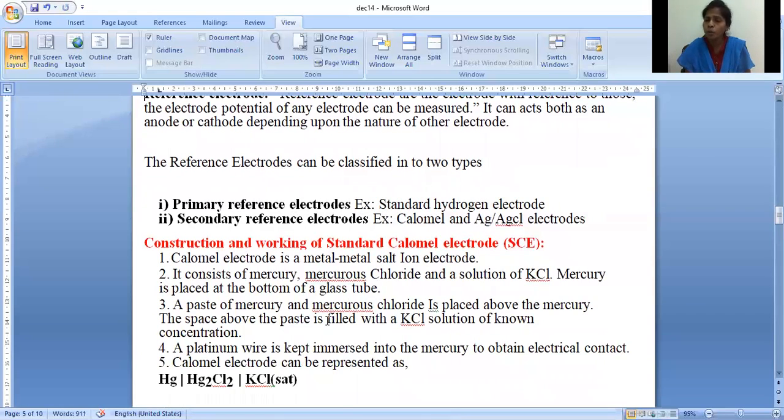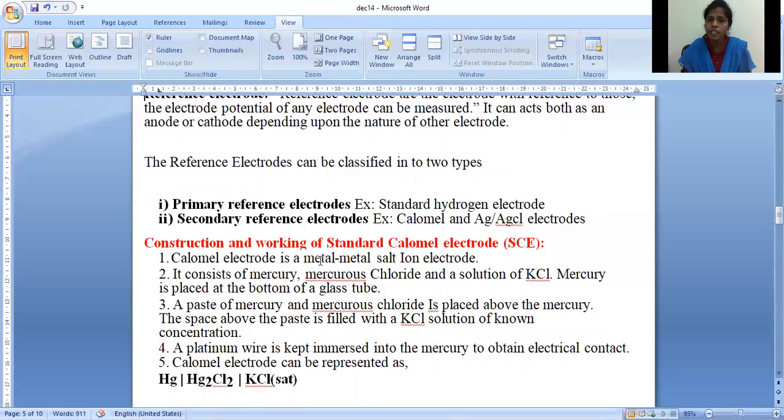So we have many secondary electrodes, but in our syllabus, we have the saturated calomel electrode, glass electrode, and quinhydrone electrode. Yes, here the primary reference electrode value is always equal to 0, but secondary reference electrode values are not equal to 0. They have some value. Yes. So that means the standard hydrogen electrode potential value is always equal to 0.